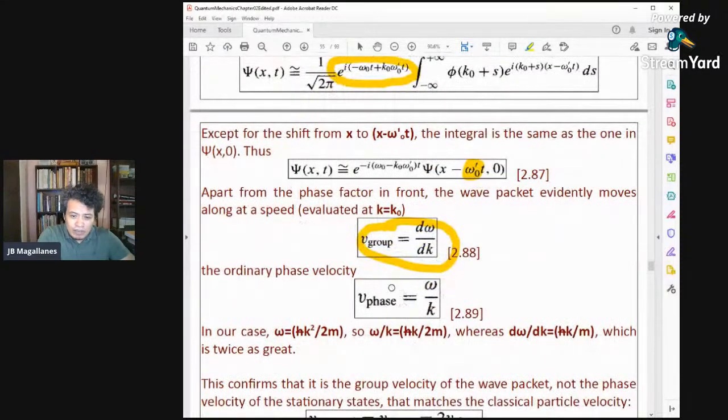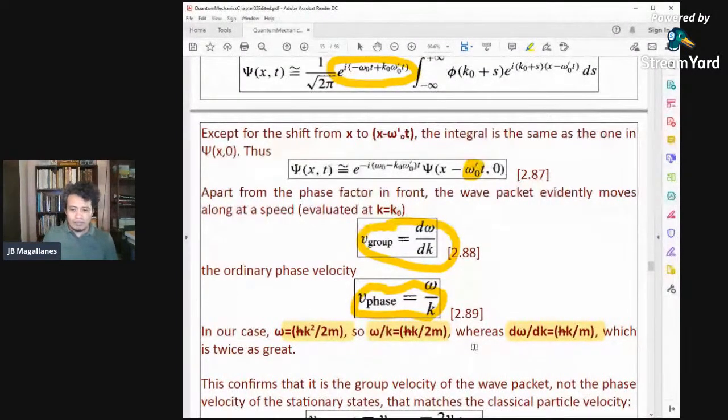But of course, the speed of the ripples will just be omega over k, where omega is a continuous value of k. So what is the derivative of omega with respect to k? So this is our omega. If you get the derivative of omega with respect to k, that would just be h bar k over m, whereas our omega over k is h bar k over 2m.